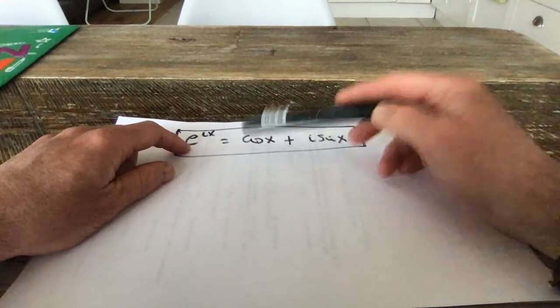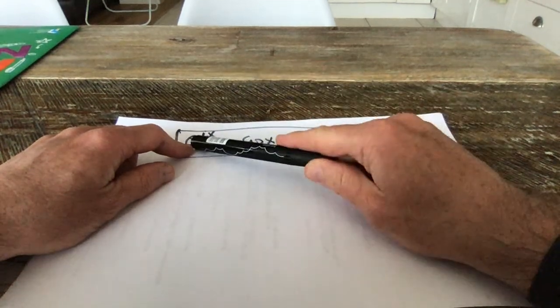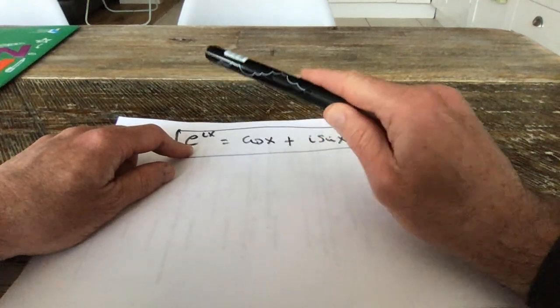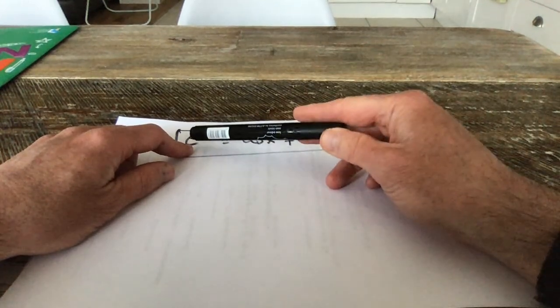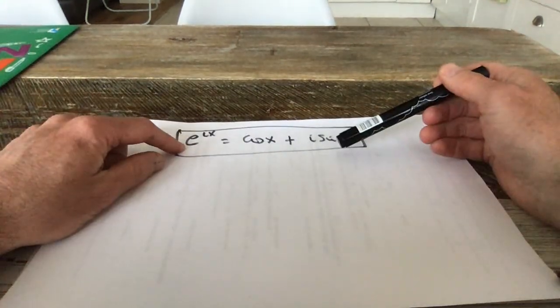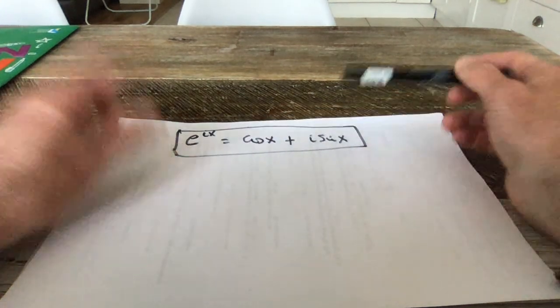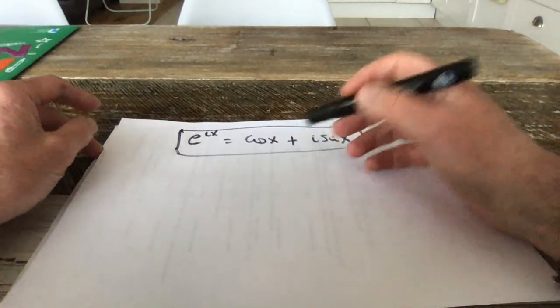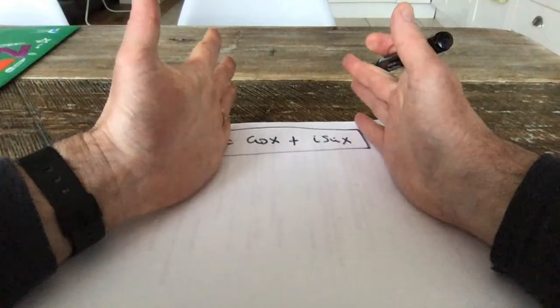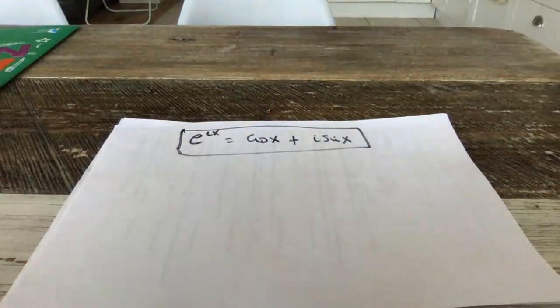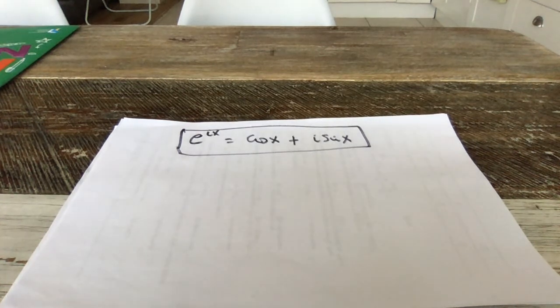Exponentials are very easy to multiply, very easy to divide, and very easy to differentiate. Cos and sine are okay, but not as cool as the exponential. I'll show you today, or maybe tomorrow in the second part, why the exponential is so cool.